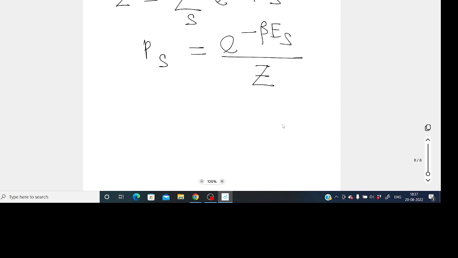If you have exchange of particles between the system and the reservoir, then it will be called the grand canonical partition function or macro canonical partition function. But this is the canonical partition function.